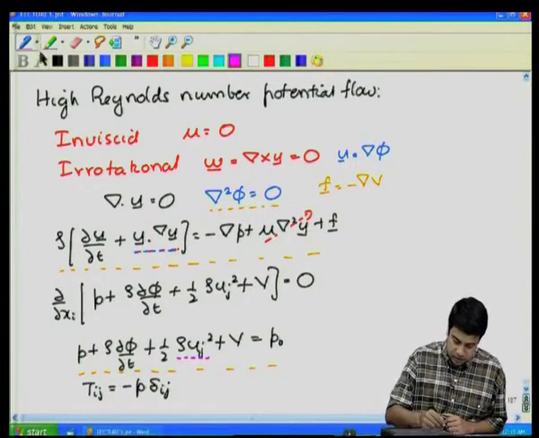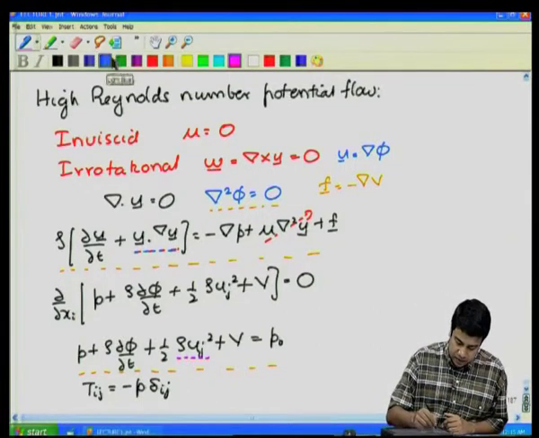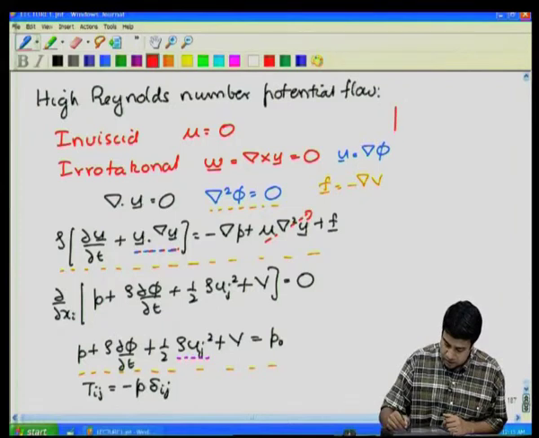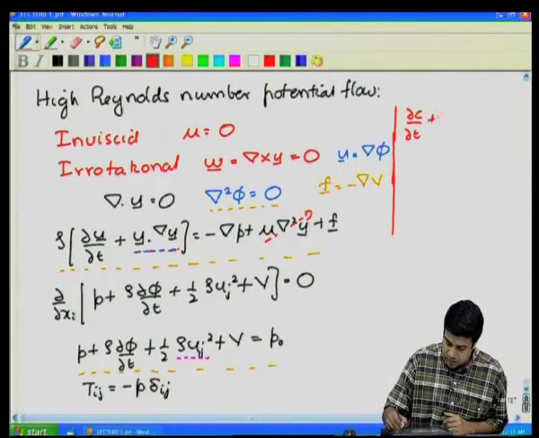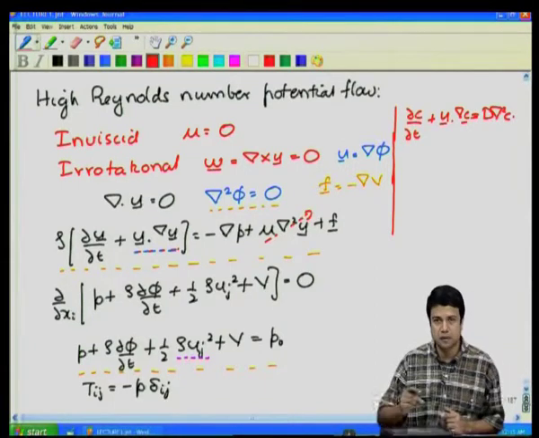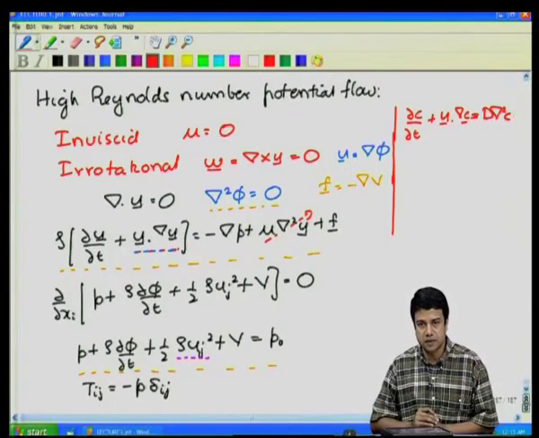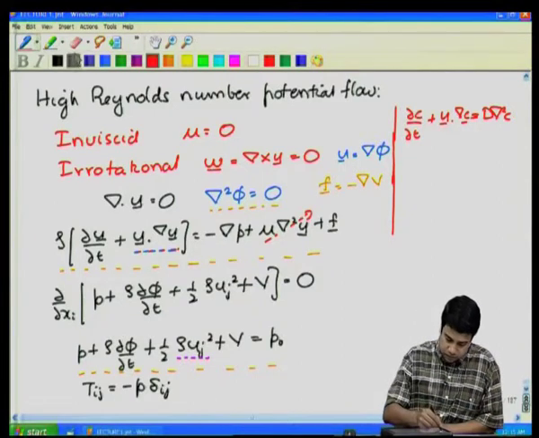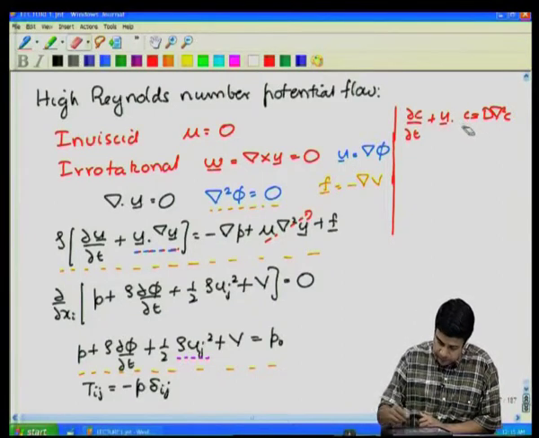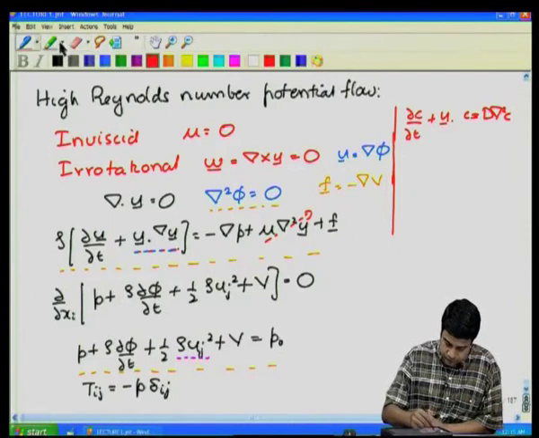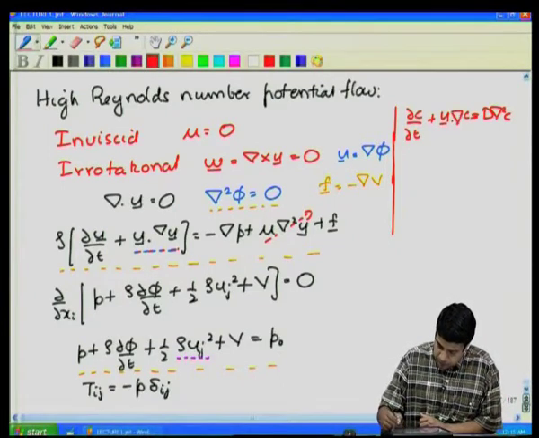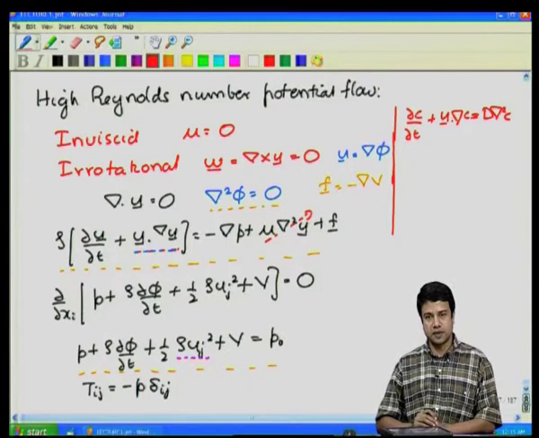The heat or mass conservation equation in that case would be of the form partial c by partial t plus u dot grad c is equal to D del square c. C is a scalar.